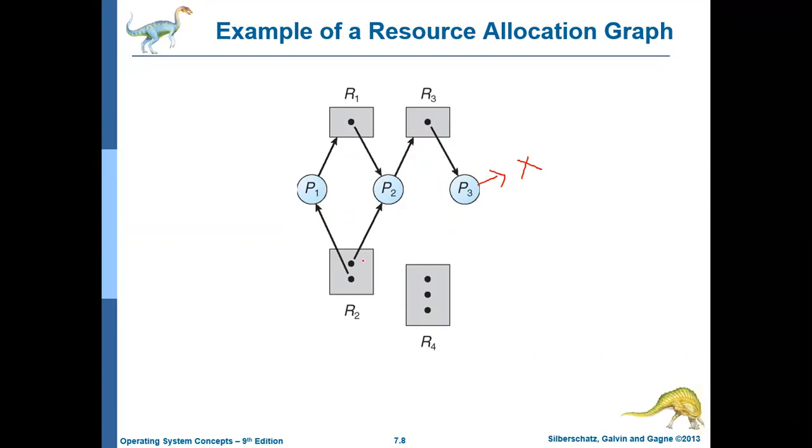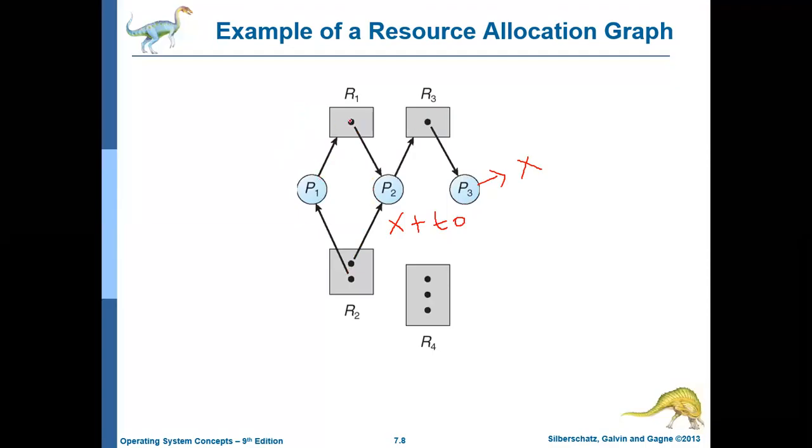Now P2 has all three resources R1, R2, and R3. Then it will complete at some time x plus t naught, and at that time P2 will release R1, R2, and R3, everything.